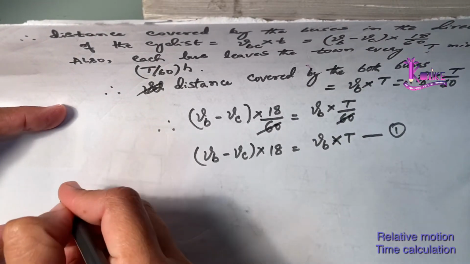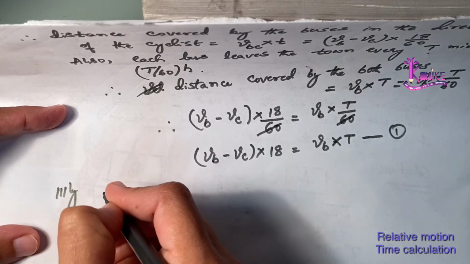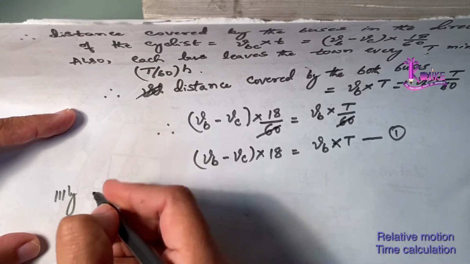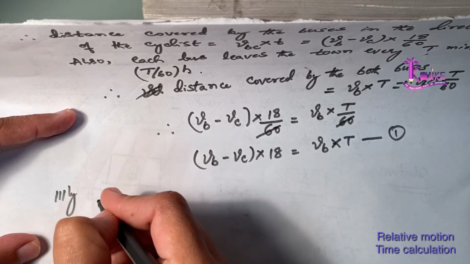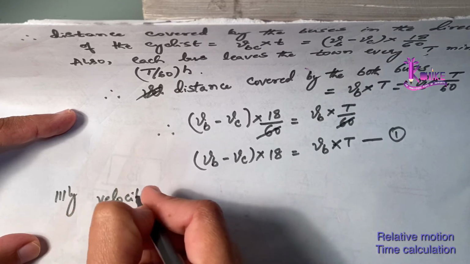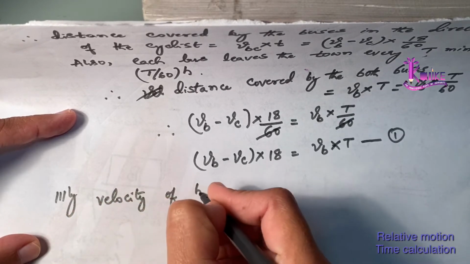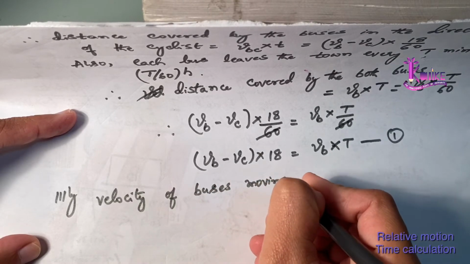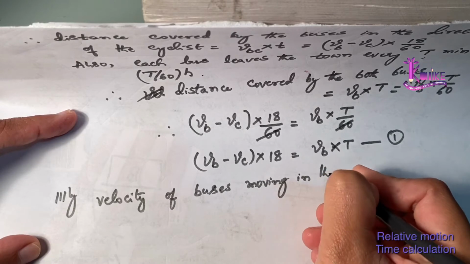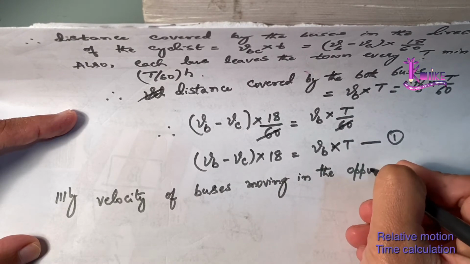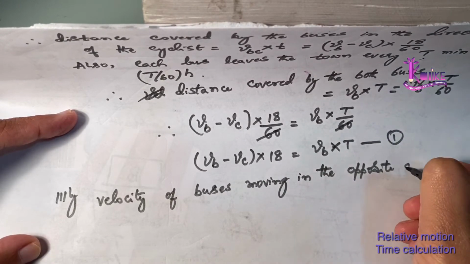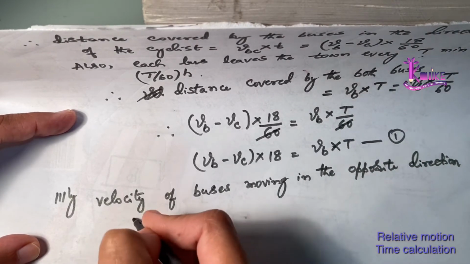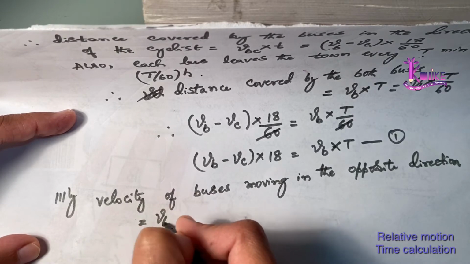Now similarly, we can even write an equation for buses moving in the opposite direction. So let us first write down the velocity of buses moving in the opposite direction, which will again be VBC.